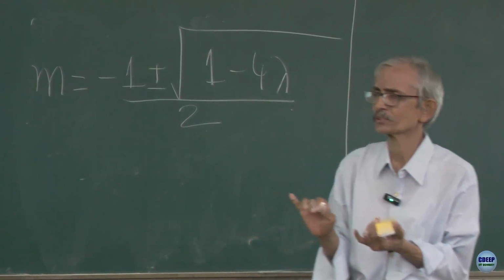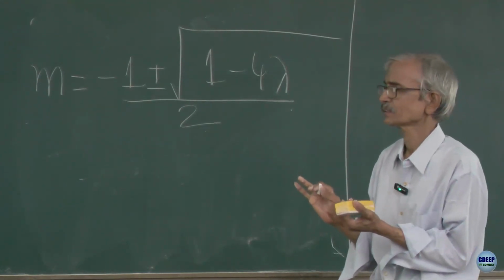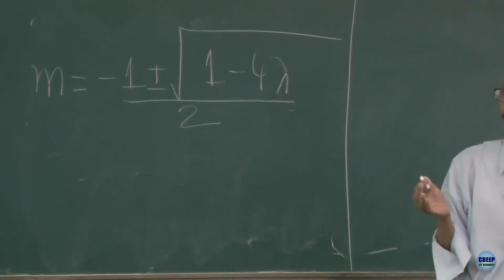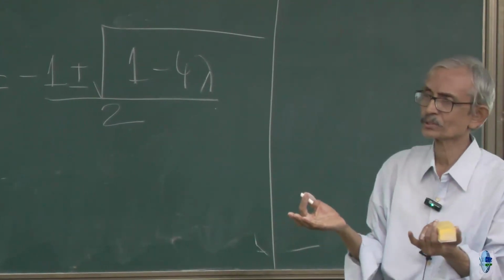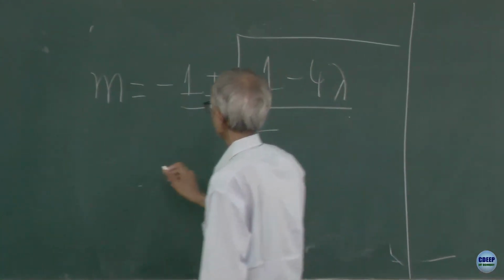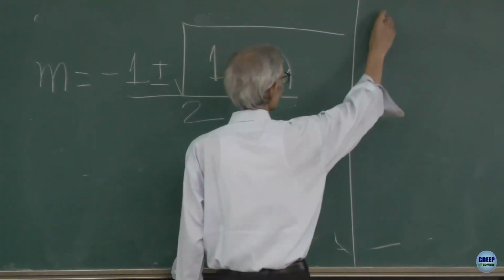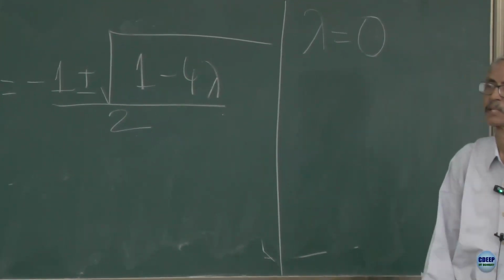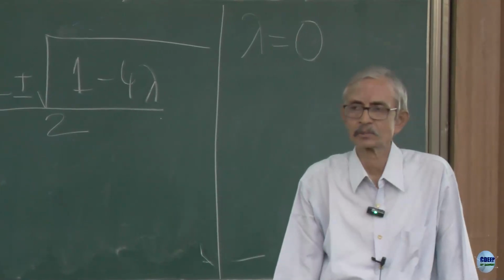One is an oscillatory solution. One could be an exponential solution. One could be equal roots. So all the possibilities are there. And of course, the most ubiquitous one, lambda equal to 0, is also a possibility.